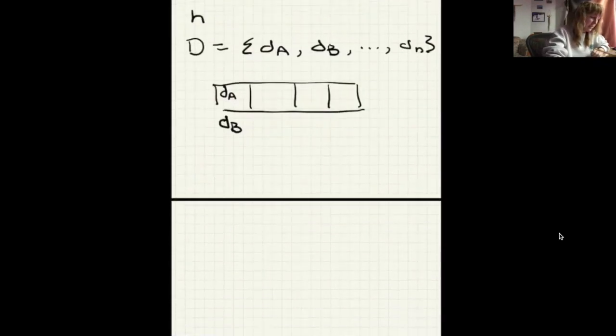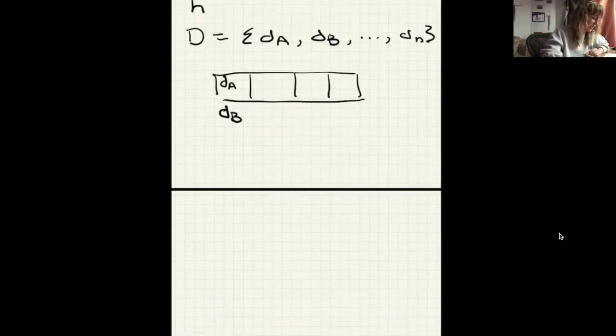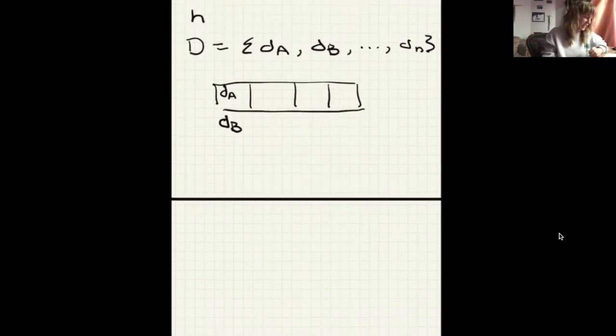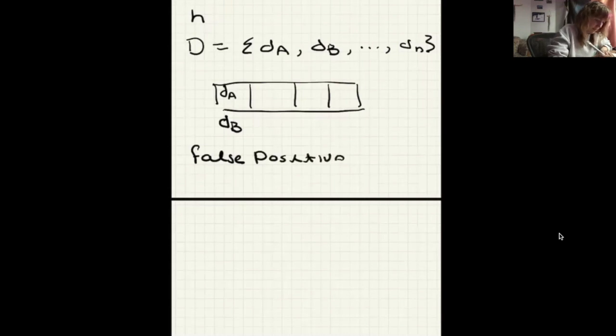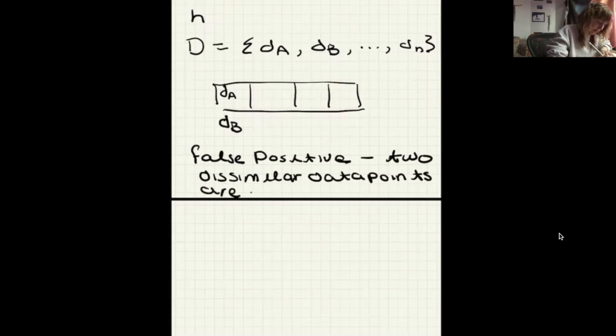There is a little bit of a flaw with this particular methodology. Unfortunately, you can have both false positives and false negatives. A false positive is when two dissimilar data points are mapped to the same bucket.